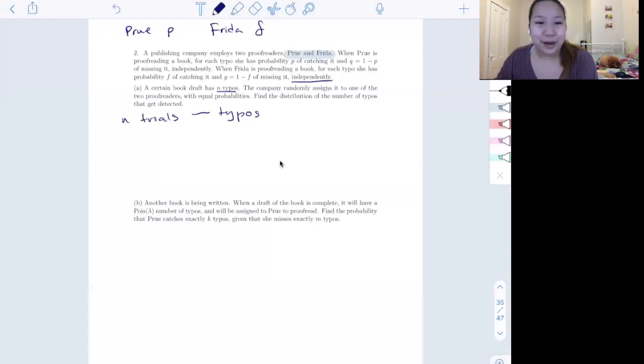And Prue has a probability P of catching each typo. So this is our success probability just for Prue. So let's call the number of typos found T, big T. Big T is the number of typos found.